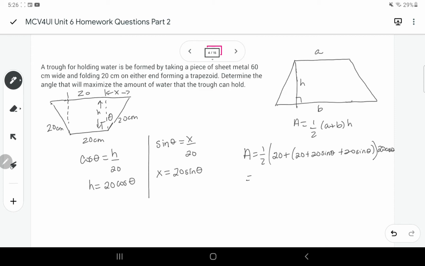Simplifying here, I've got 1/2 times 20 cos theta, which is my height, times 40 plus 40 sine theta.